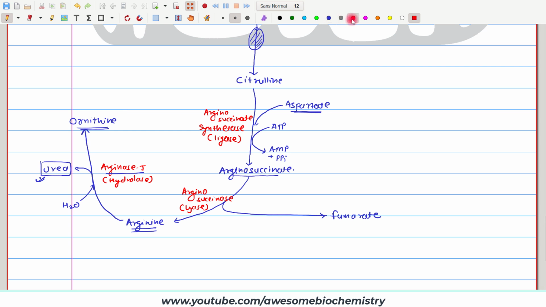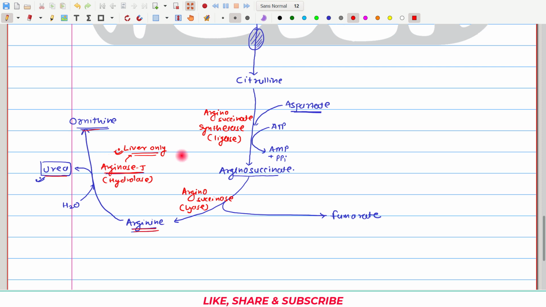And before that, one more important thing: this arginase 1 is exclusively found in the liver only. That means the liver is the only organ which is capable of breaking down arginine to ornithine and urea. Other organs cannot break down arginine to urea and ornithine, and that is the reason the urea cycle occurs only in the liver.